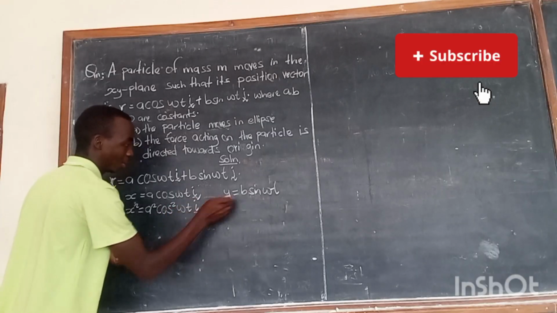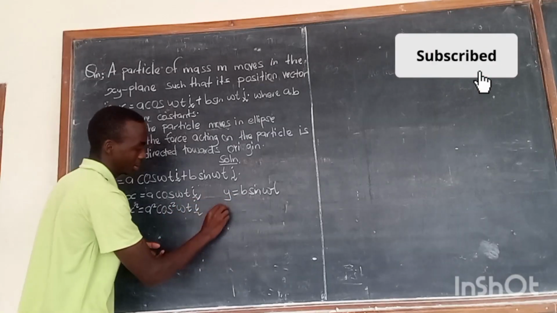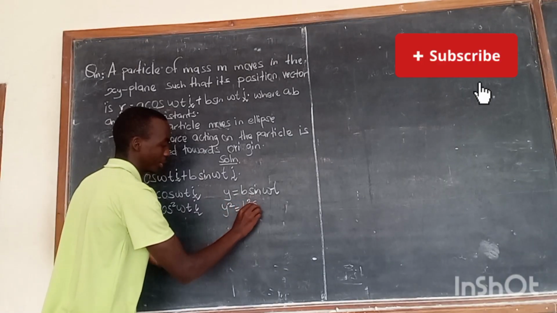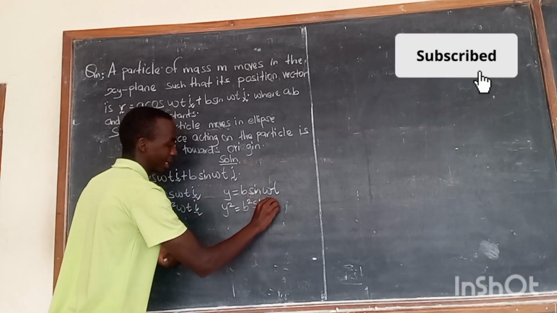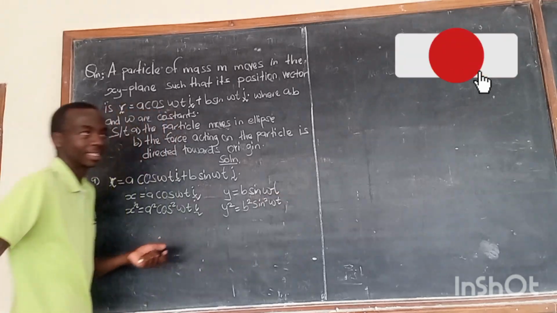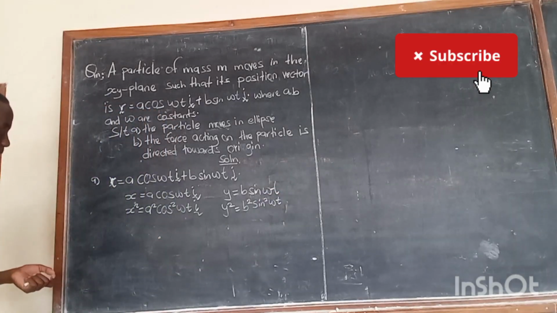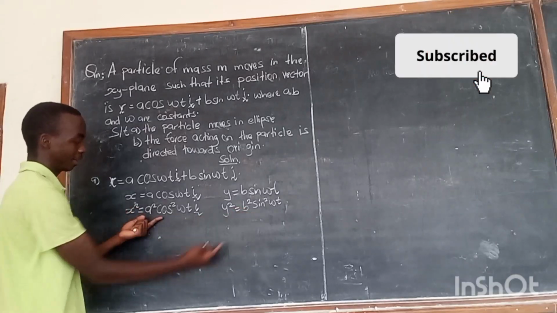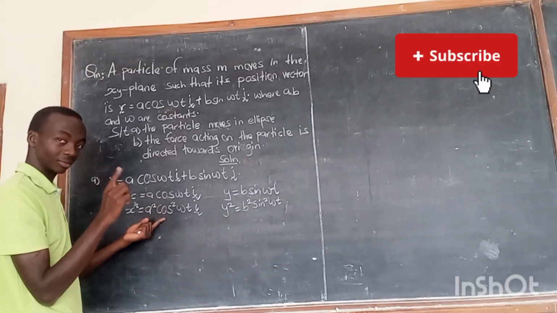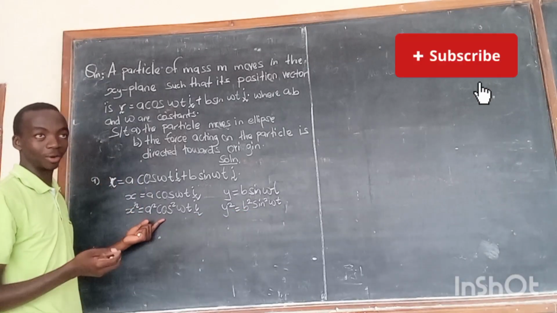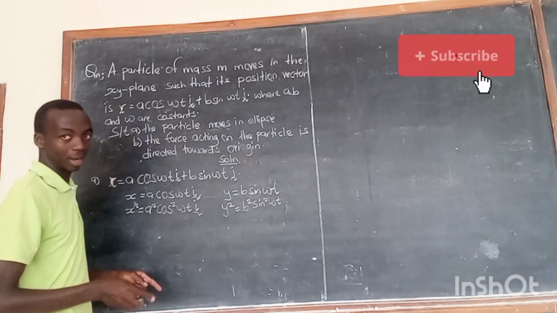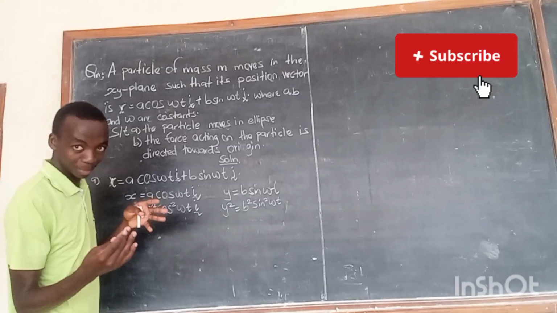When you square this one, it will be y squared is equal to b squared sin squared omega t. So we look for a way of eliminating the cos and sine. You can clearly see from trigonometry knowledge that cos squared plus sine squared is always 1. That is how we can easily eliminate it.